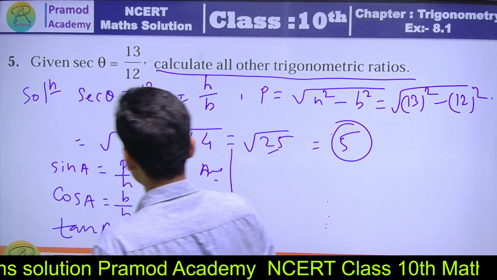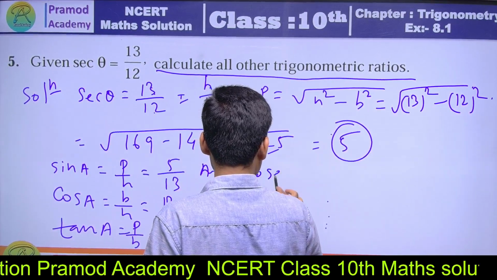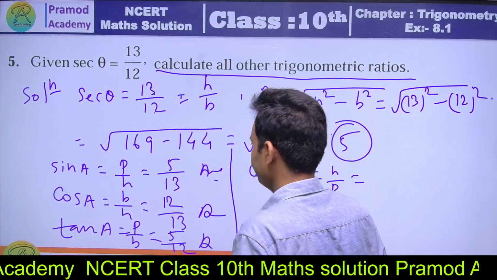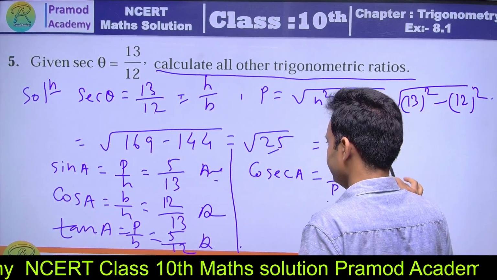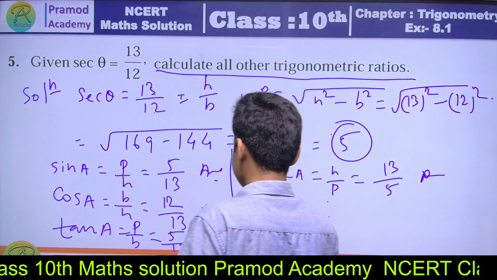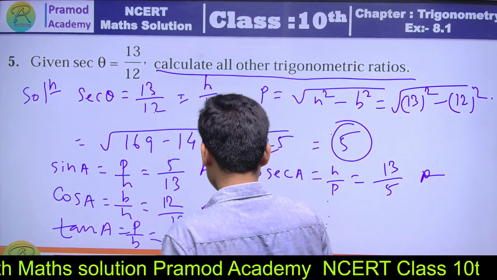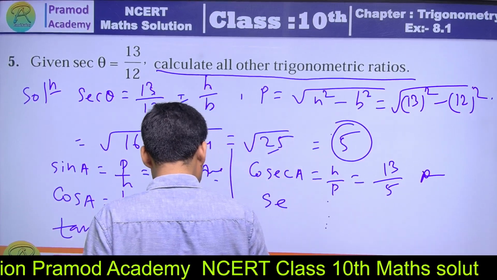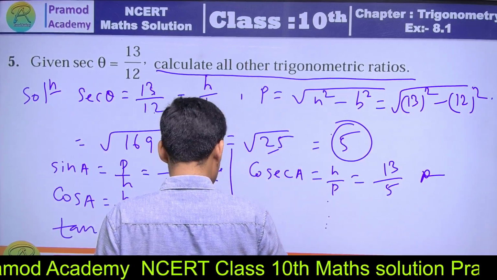Now remaining is cosec A equal to H by P. Value of H is 13, value of P is 5, so 13 by 5. Sec A is already given in the question, so no need to give the answer of sec A. So remove this.